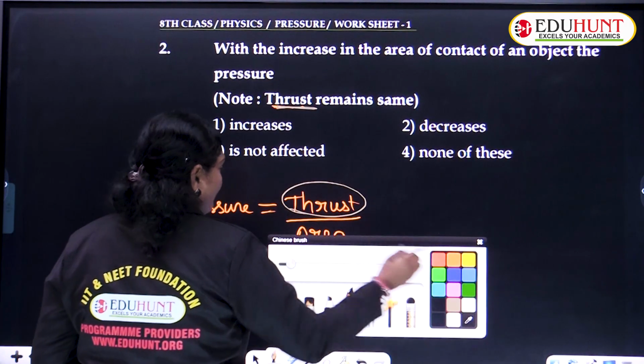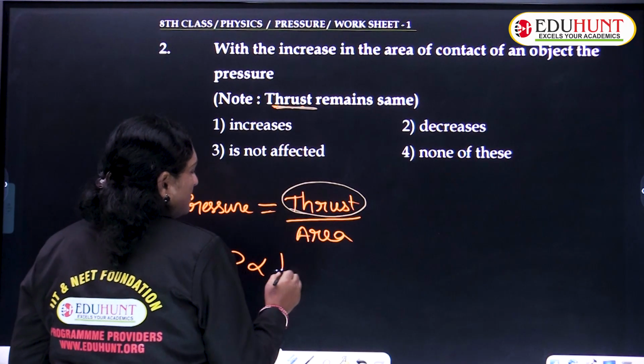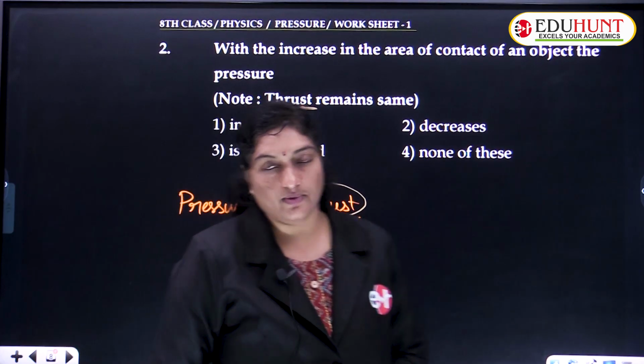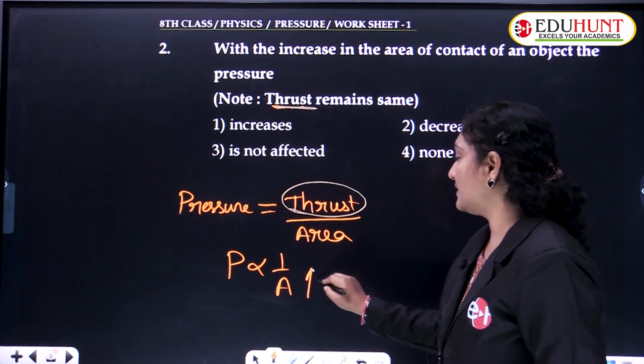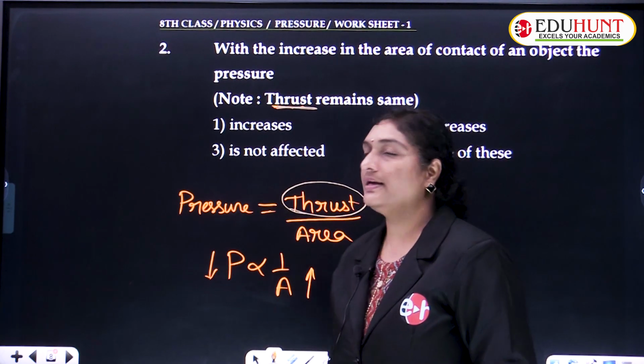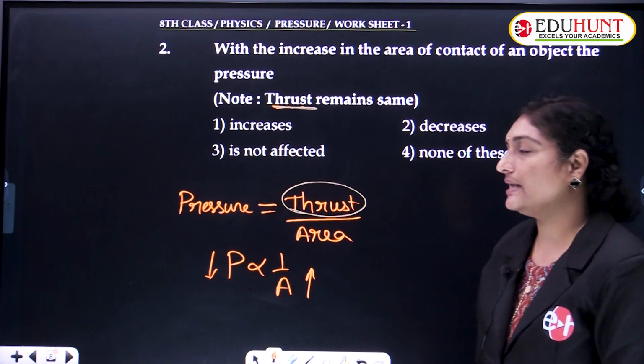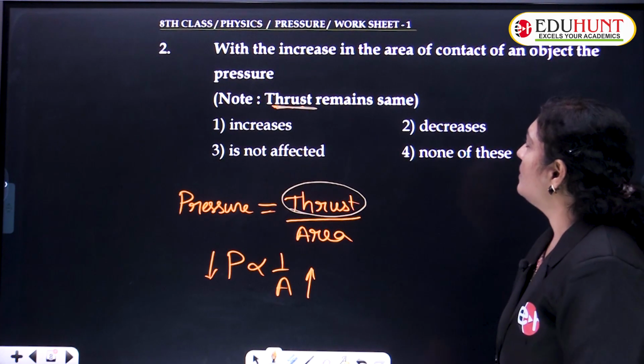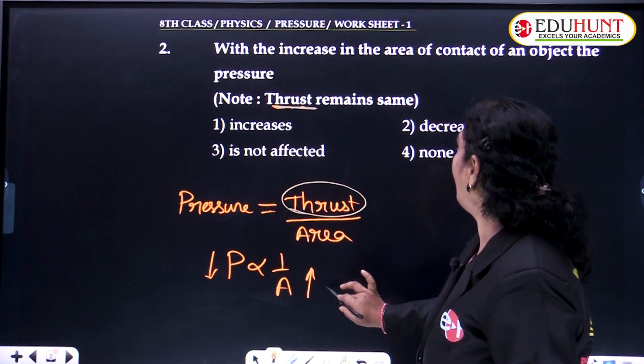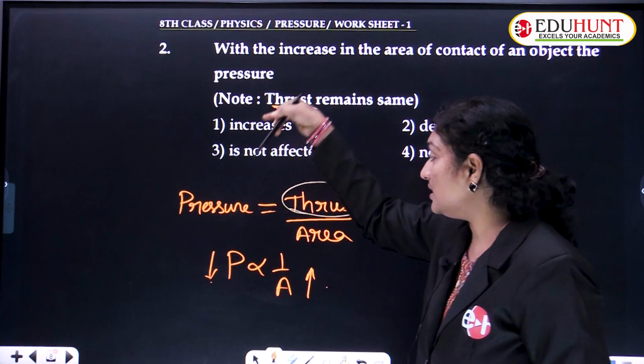So very clearly we can say that pressure is inversely proportional to area. If the area of contact increases, the pressure must decrease because they are inversely proportional.